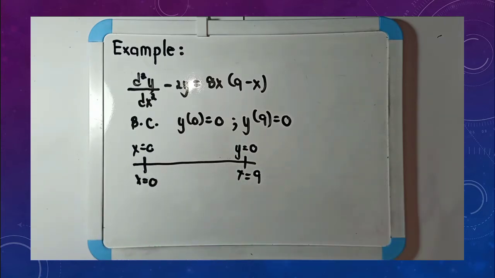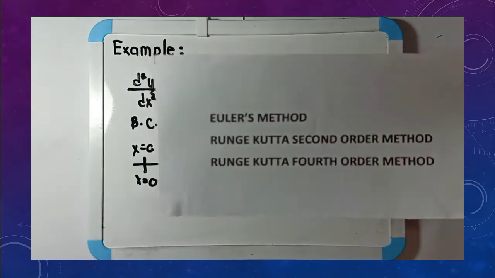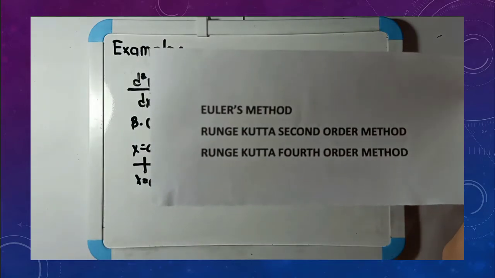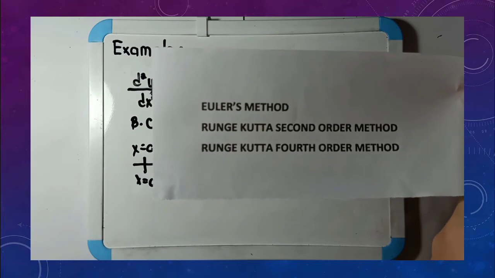And because we are trying to solve a problem through the aid of shooting method, we will then be asked to use some of the initial value problem methods, which again are the Euler's method, the Runge-Kutta second order method, and the Runge-Kutta fourth order method.